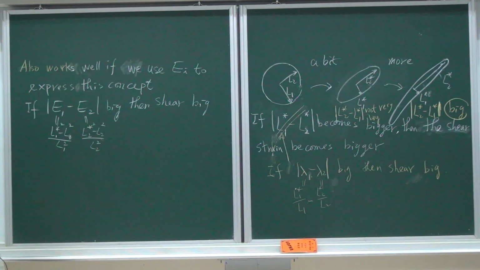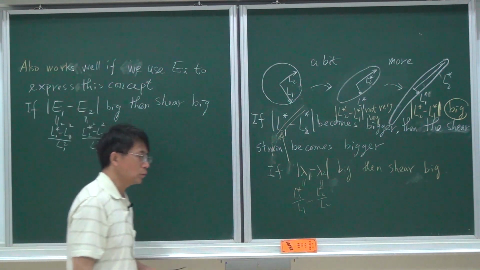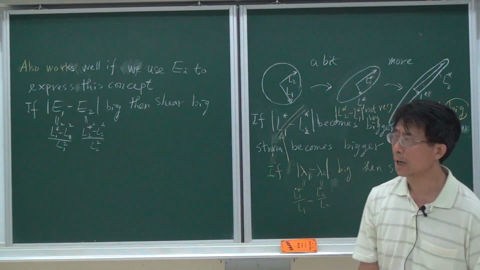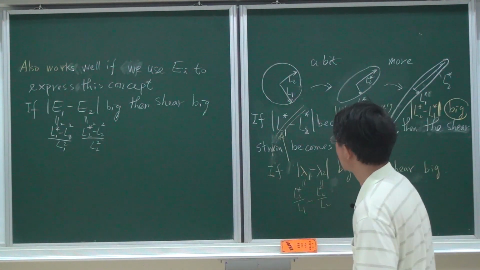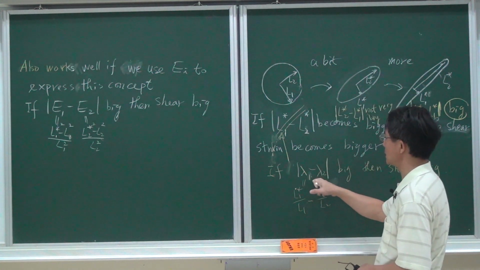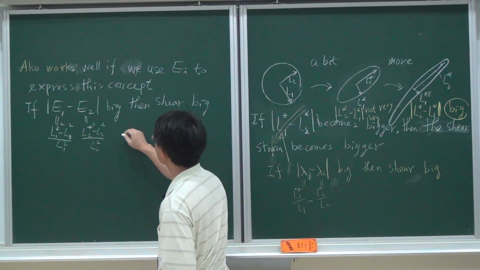Okay, so this one can also be used as the quantity of shear strain. Understand? But if I were you, I would like to use this because this is more simple. This is complicated.